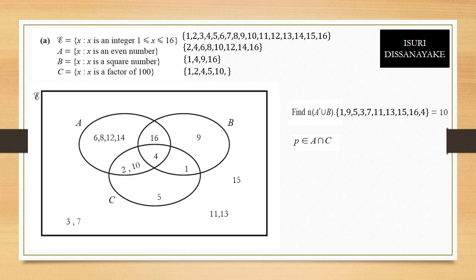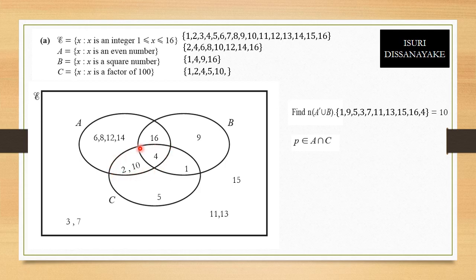So they say in the question P is a particular element. It could be any element out of A intersection C. Now in my previous presentations, I clearly said when you are doing sets questions, you always look at what the question has asked. Don't debate about anything which the question has not mentioned. So in this case, A intersection C doesn't talk about B, so you are not going to have any worries about B. A intersection C is this.